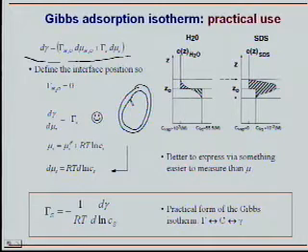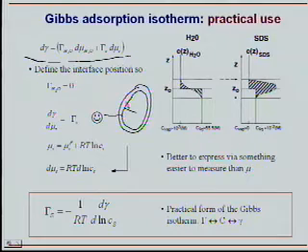Now, what is going to happen if you try to calculate the adsorption of water? If you remember, adsorption means that the concentration up to here is equal to the bulk concentration, and the concentration up to here is equal to the vapor concentration.